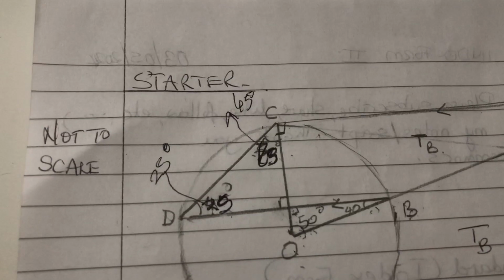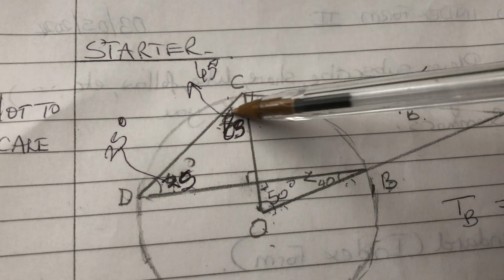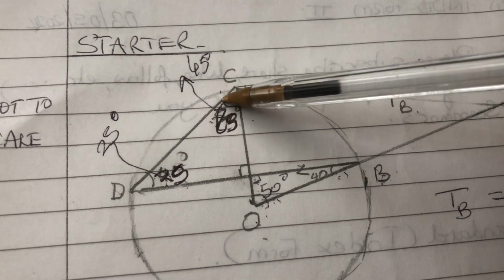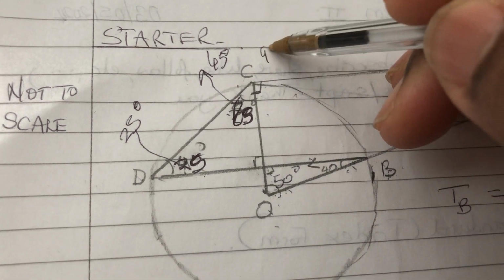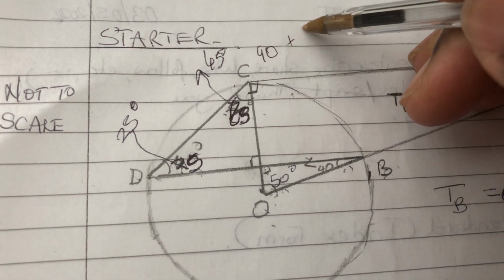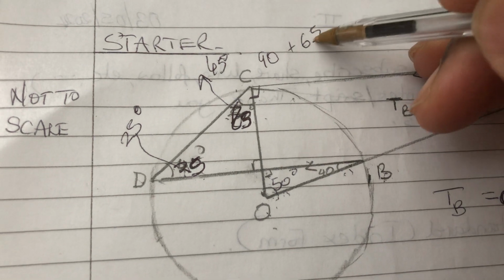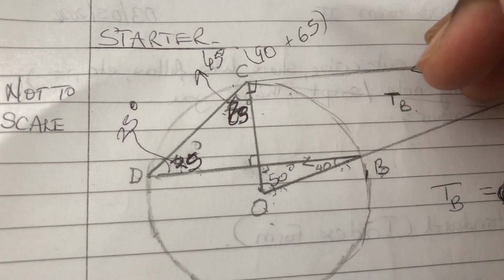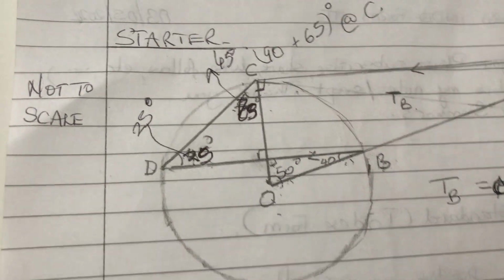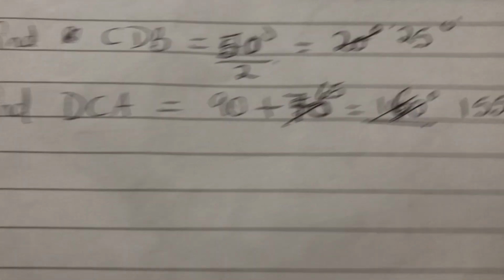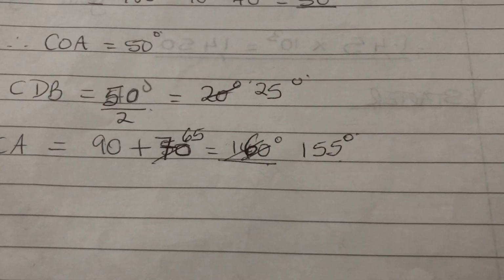So the whole of this angle here is 90 plus 65. So degrees at C, which I have done here. Okay, which is 155 degrees.